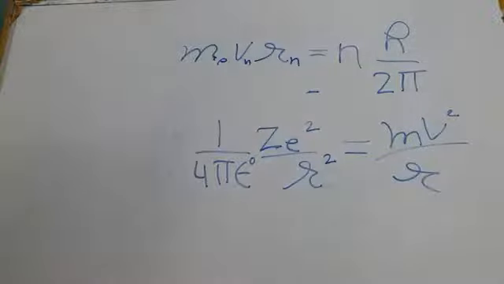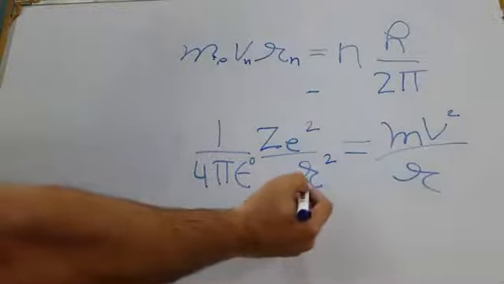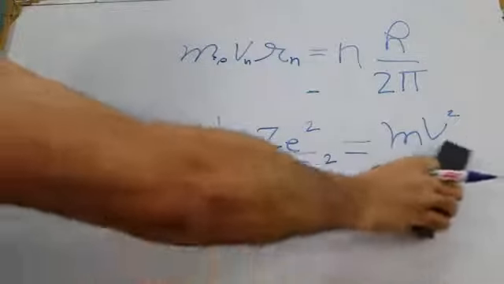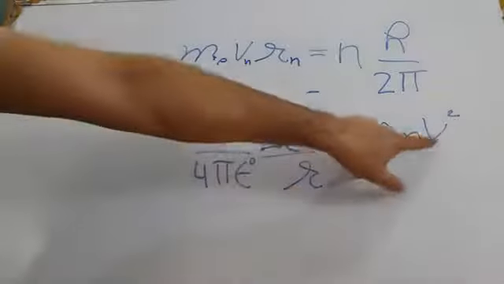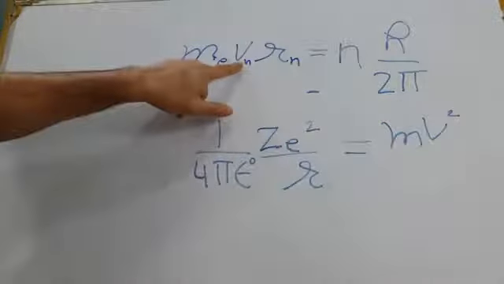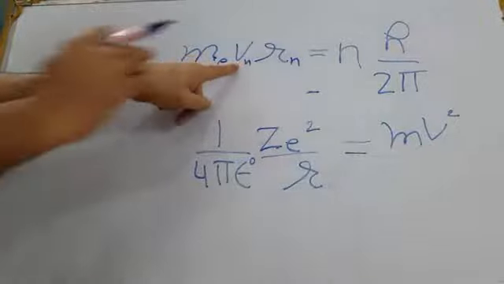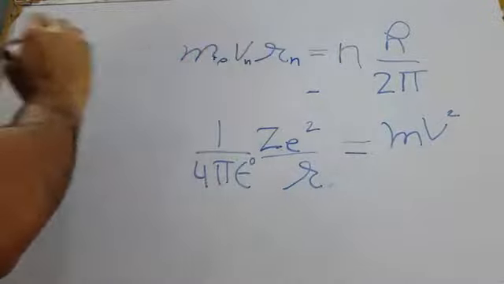Is that clear? Simply we are putting values here. Here it is r square, therefore it should come out to be m v square is equal to this much. Here let us find out the value of v square from this equation. How can we find that out? We need to find its square value.